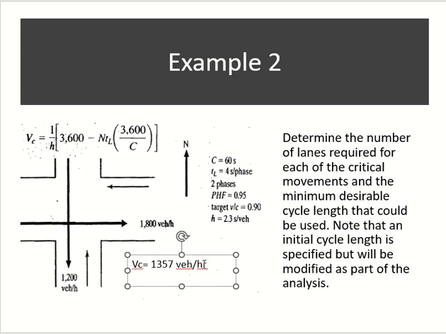How much do I have? 1800 and 1200, right? Total is how much? 3000, right? Now when you said 1800, we said 1800 will pass one by one, one after the other. So we are assuming how many lanes? One lane, right? All 1800 will pass from one lane.